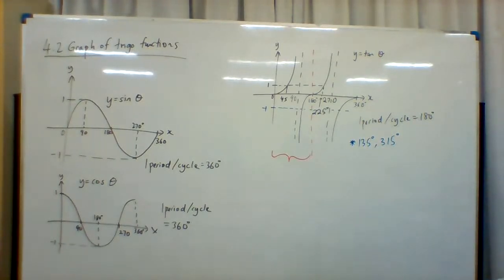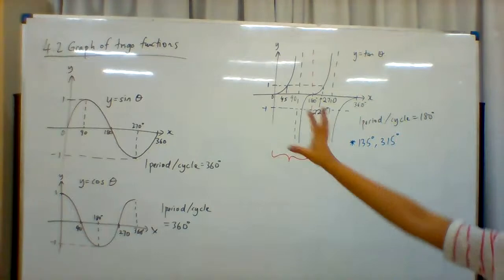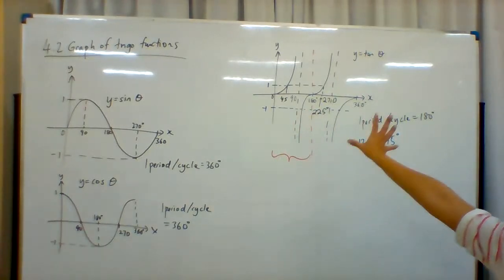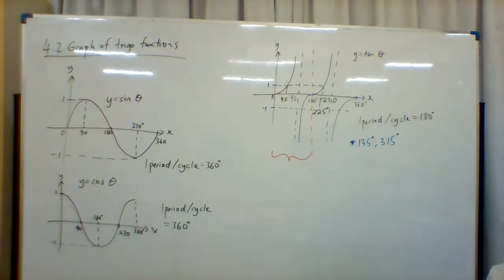Now remember I told you that these are the general shapes of the sine, cos, and tangent graph: the x-intercept, the y-intercept, the maximum, the minimum. These are if there is no plus and minus behind and if there is no number in front of the sine, cos, or tangent.